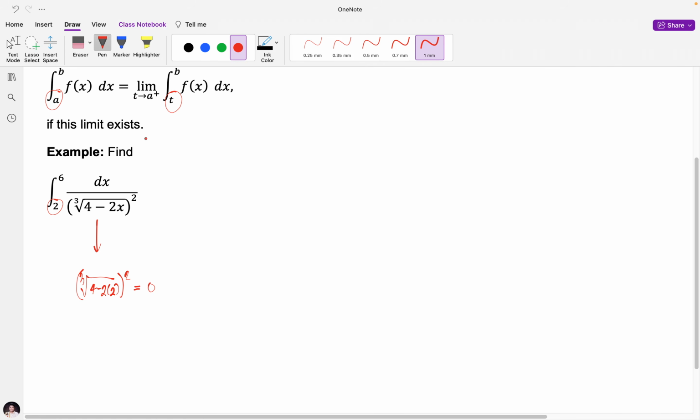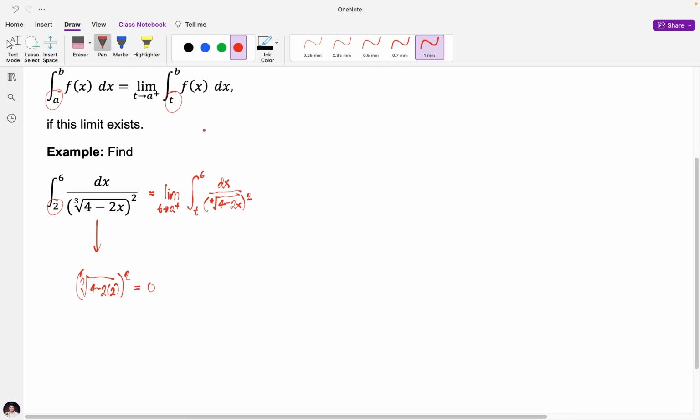So we replace 2 with t. We have the limit of the integral of dx over the cube root of 4 minus 2x, raised to 2, from t to 6, as t approaches 2 from the right.